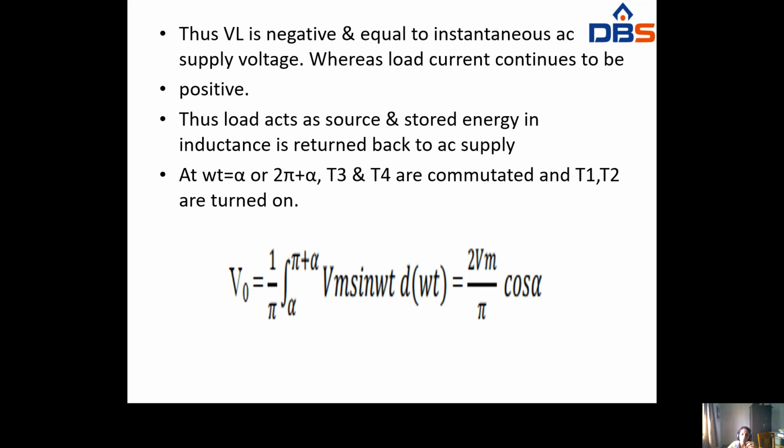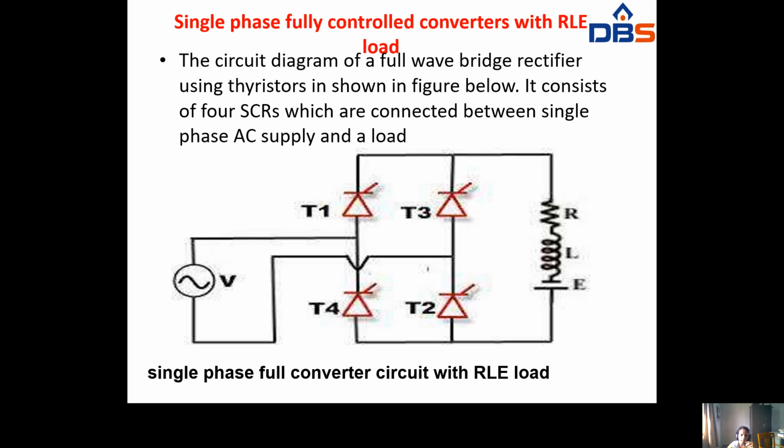Here V naught equals 1 by pi integral of alpha to pi plus alpha Vm sin omega t d omega t. When you simplify this equation, the output voltage obtained will be 2 Vm by pi cos alpha.